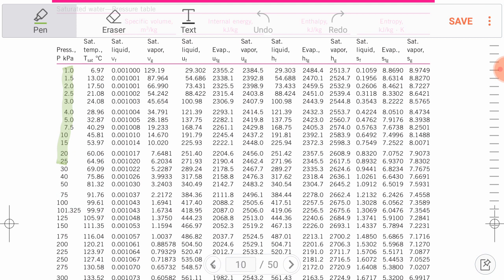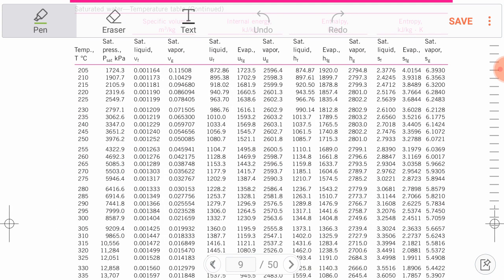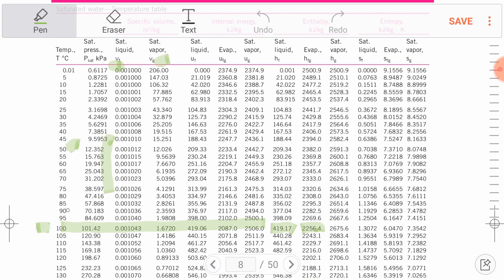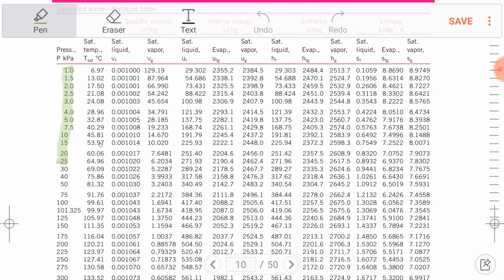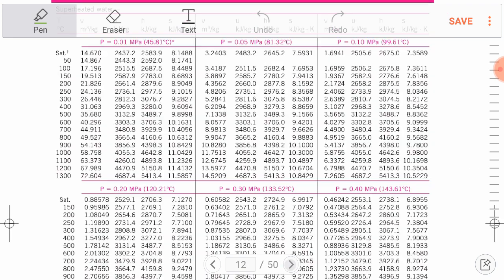But if we know the temperature, like 90 degrees centigrade, temperature cannot be directly linked, so we need to look at the table near 90. In the pressure table you won't get the exact values, because we have entries like 81 and 91, not exactly 90. So this is how the tables are formed.